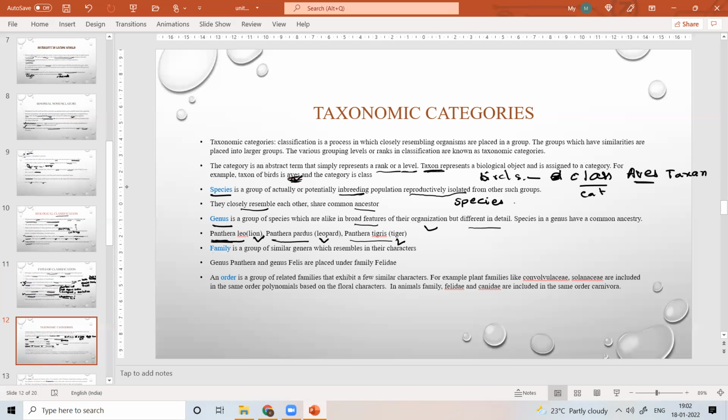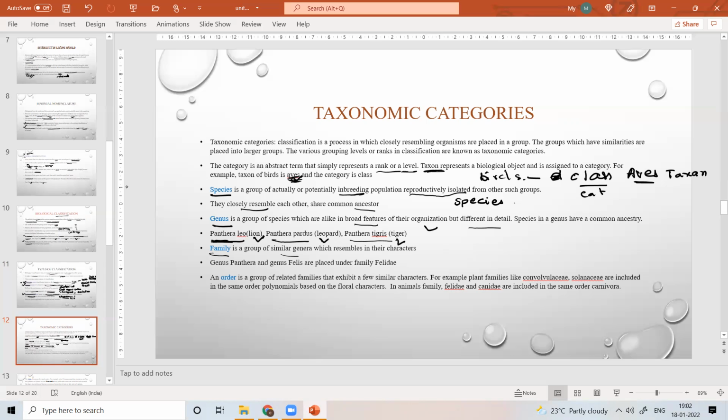The next level is family. The family is a group of similar genera which resemble in their characters. Genus Panthera and genus Felis are placed under the family Felidae.